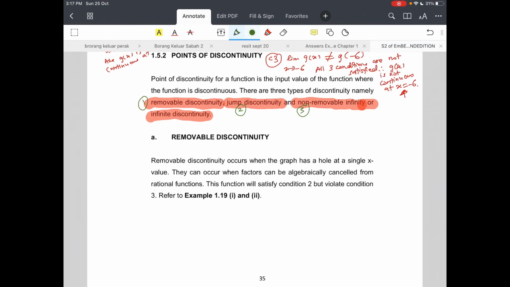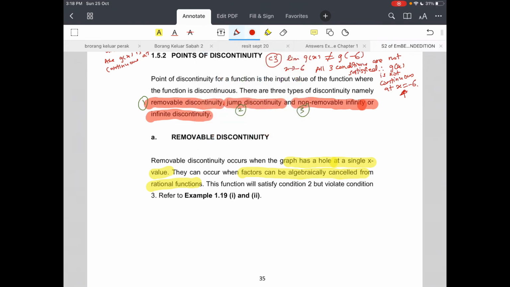For the removable discontinuity, it happens when the graph has a hole at a single x value, and it can occur when factors can be algebraically cancelled from the rational functions. There is a little bit of a typo here.